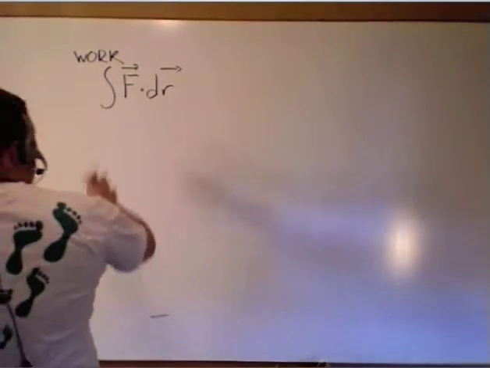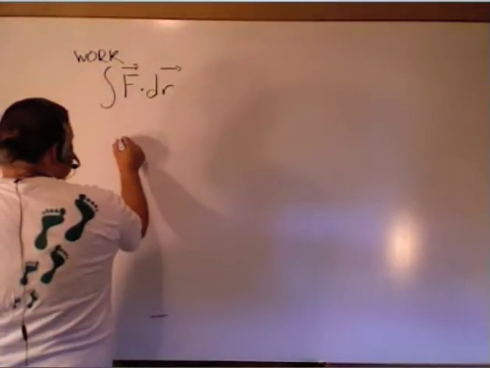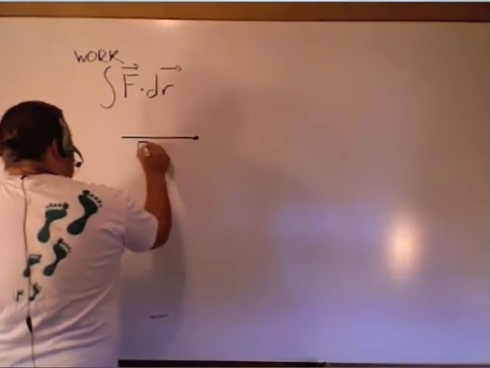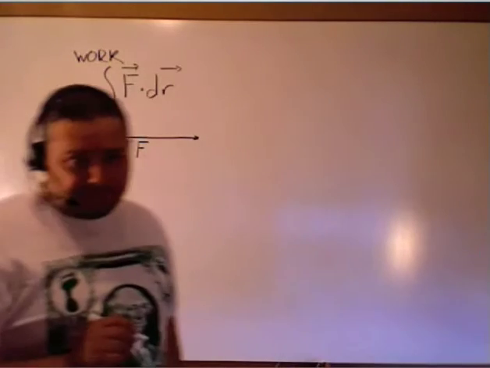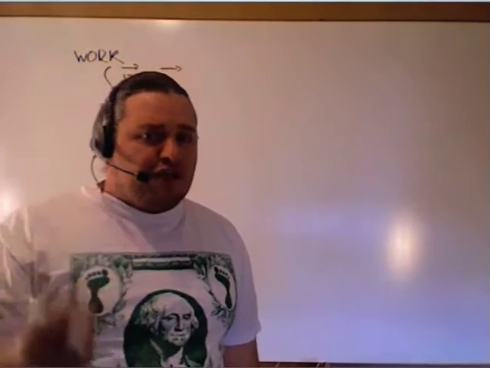Okay, so F dot dr. What does that mean? Well, that means that I'm going to take my force vector, and let's imagine I'm applying a force in this direction. And I'm going to keep track of any displacement that happens in that direction.